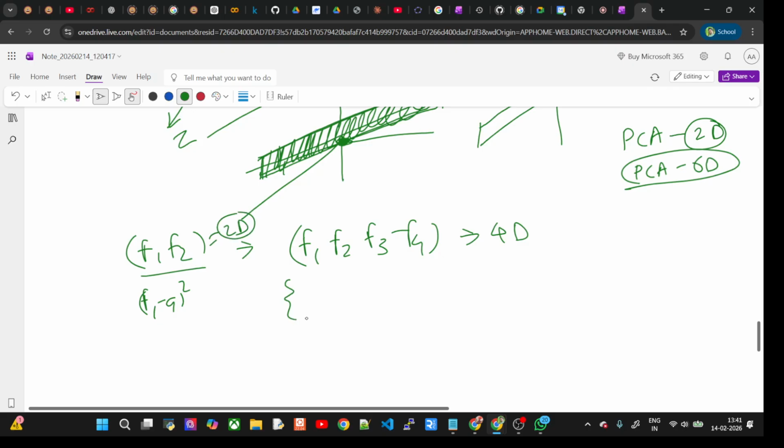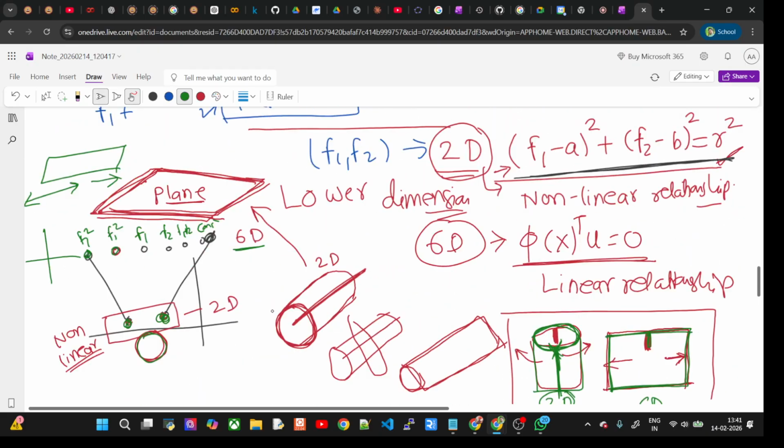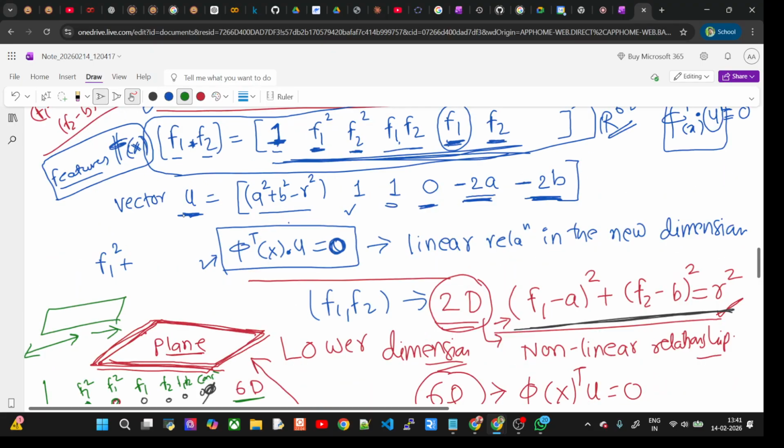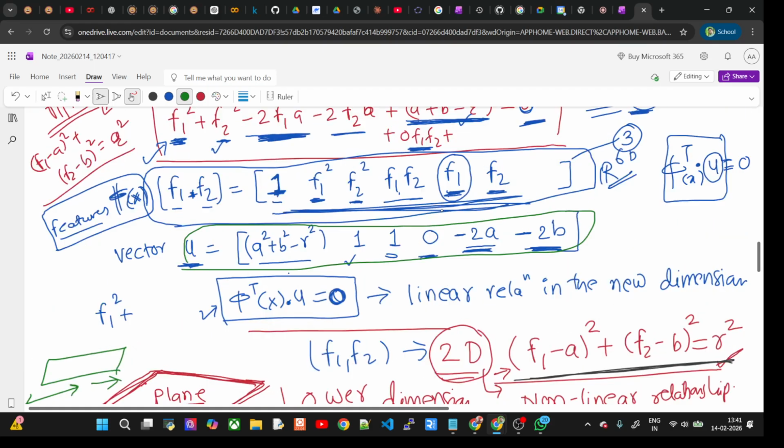So how will you project, because you need to calculate the u value, correct? Here you got the u value. This u is equal to what? a square plus b square minus r square, and you calculated it on this f1, f2, correct?